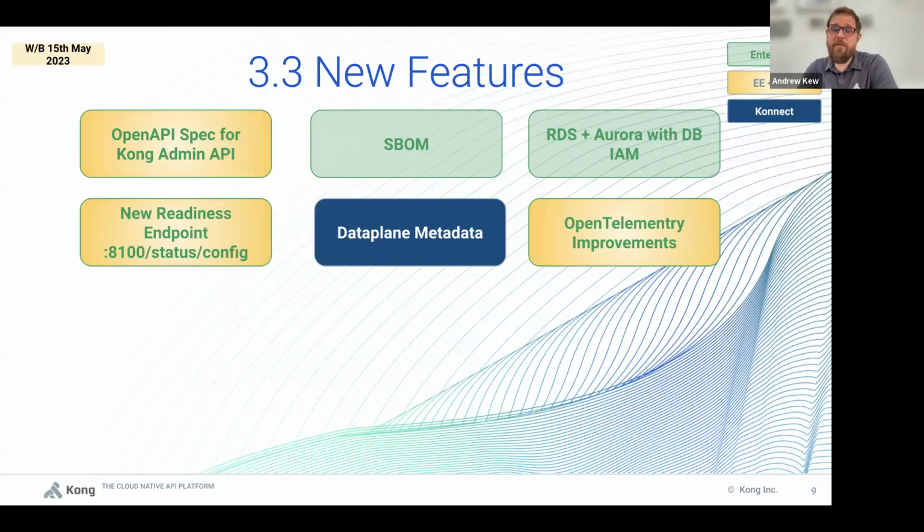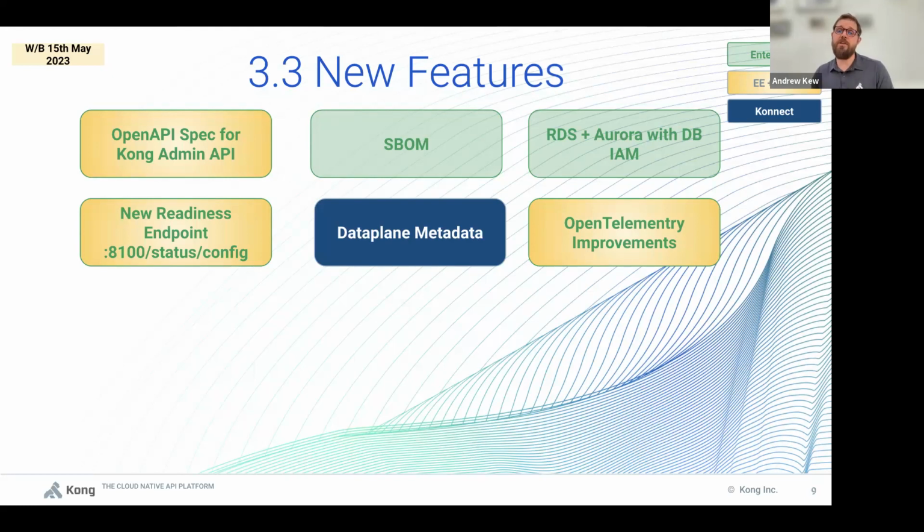From a database standpoint, we now officially support Aurora in AWS, and we give the ability to do your credential management using AWS database IAM, and that effectively ensures that you don't have to store your username and passwords for the configuration for the database within your servers or your deployments.